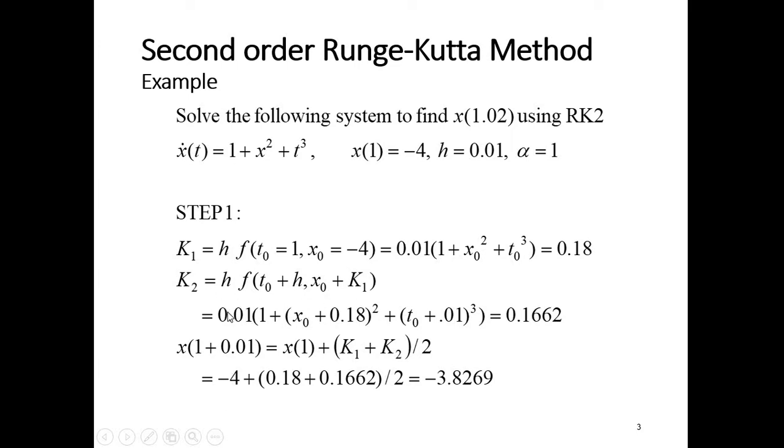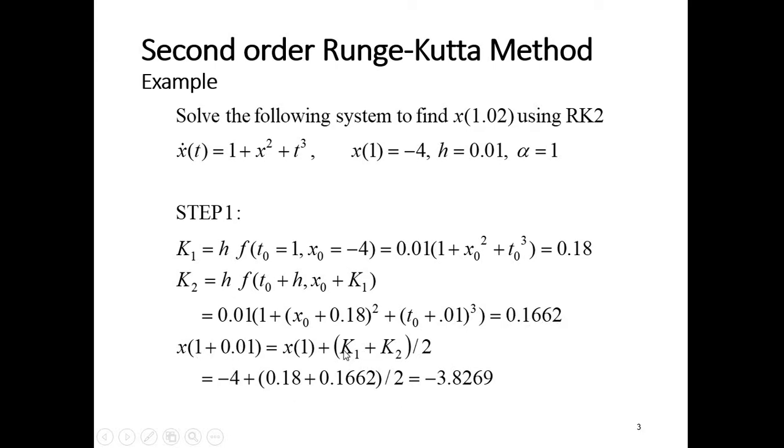Substituting those values, h is 0.01, then f is 1 plus x squared, where x is minus 4 plus 0.18, plus t, which is t0 plus h, so 1.01, cubed. Calculate that, and you should get 0.1662.